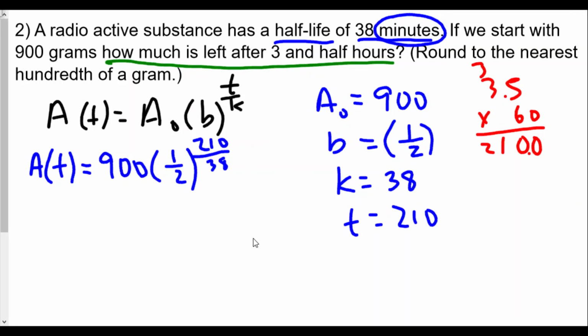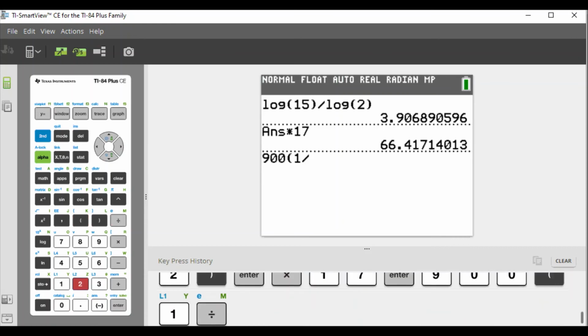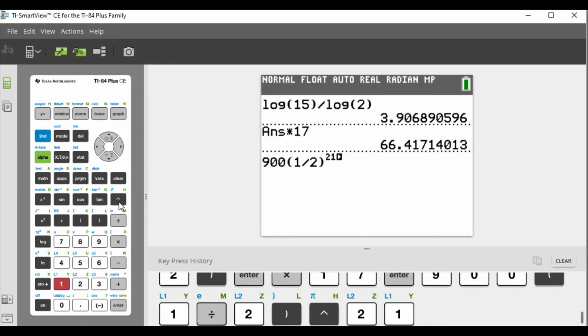And so now let's again get to our calculator. So we have 900 times 1 over 2, okay, that's our base. And we're going to raise this to, we said, 210 divided by 38.